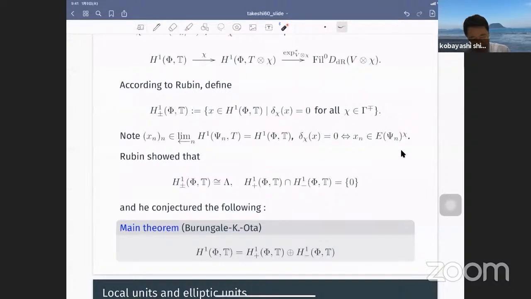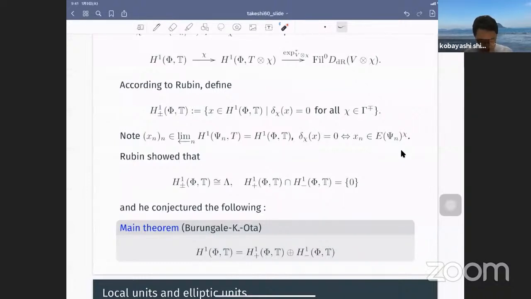In our case, the anticyclotomic Z_p-extension is dihedral over Q_p, so it's a little bit non-commutative. So maybe Rubin's conjecture is something like a non-commutative version of Kato-Fukaya's local epsilon conjecture. Anyway.